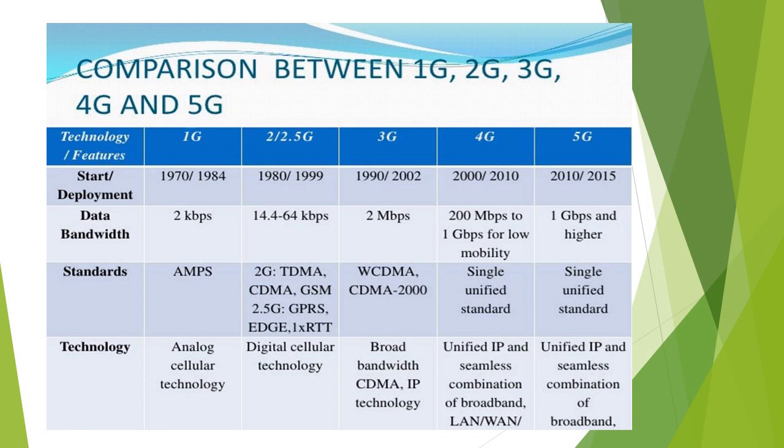Then coming to the 4G network, which supports from 200 Mbps to 1 Gbps for low mobility. It uses a single unified standard, a unified IP address and seamless combination of broadband and LAN networks. Then 5G uses 1 Gbps and higher data rates, also with a unified IP and seamless connectivity of broadband.